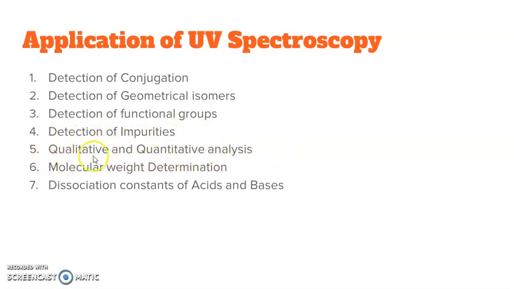Qualitative is we can identify the nature of the drug, and we can also quantify it based on the previous methods we have mentioned for single and multi-component. And we can determine the molecular weight. I have discussed this while we were discussing the absorptivity and the molar absorptivity values.